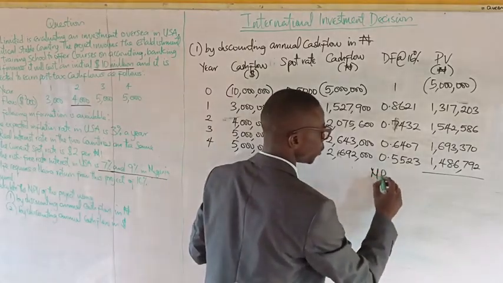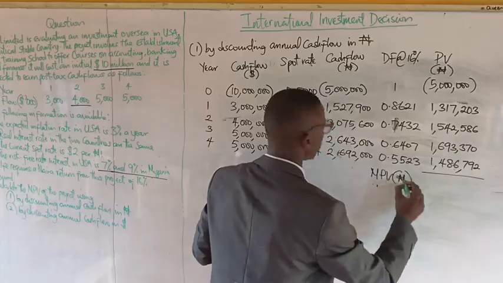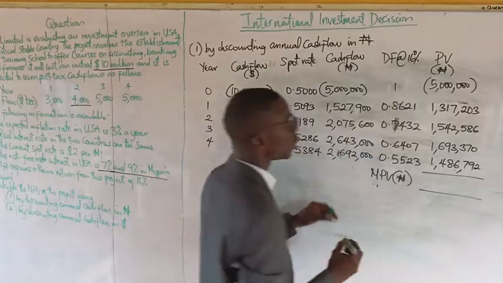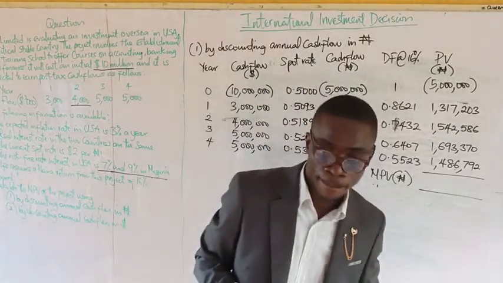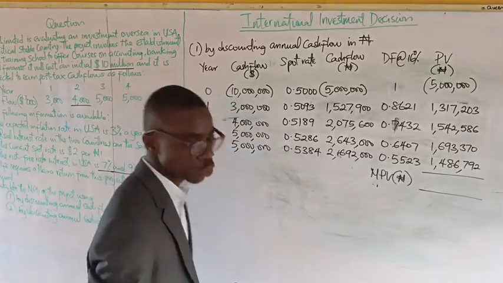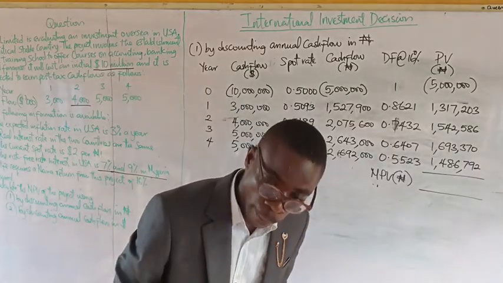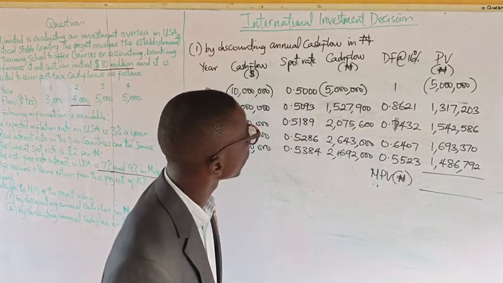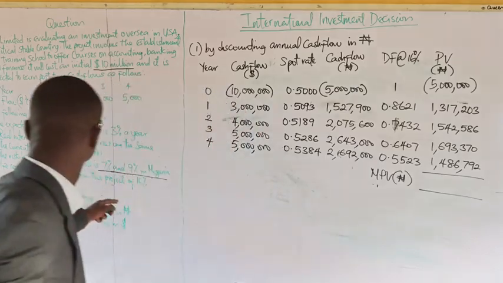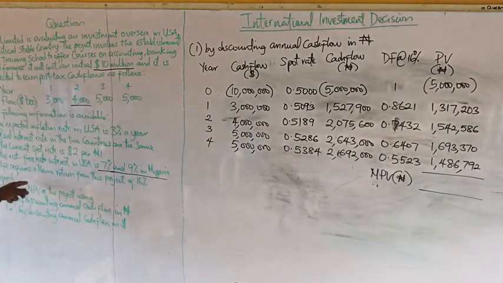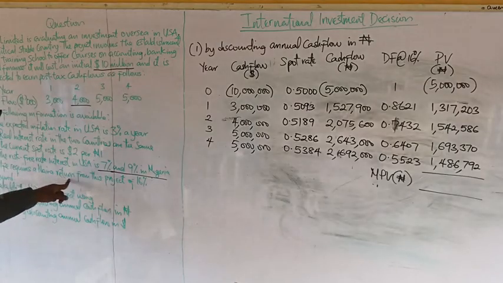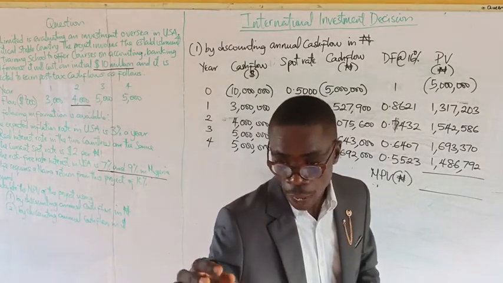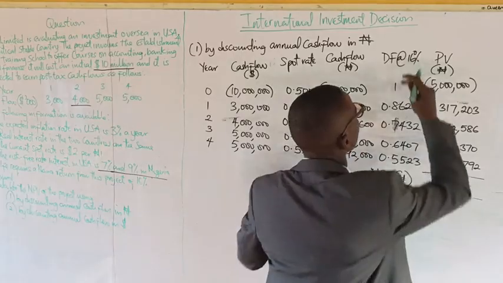So the NPV in naira, that's what we said we should calculate. Add it together. The 16% is in the question, additional information 5. It said that they require a naira return from this investment of 16%.